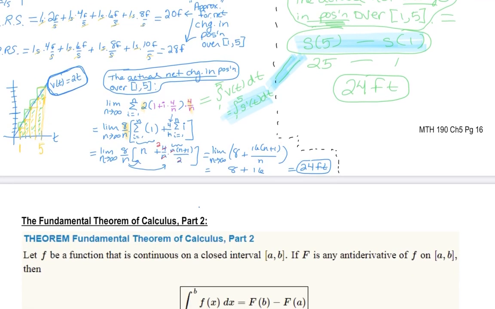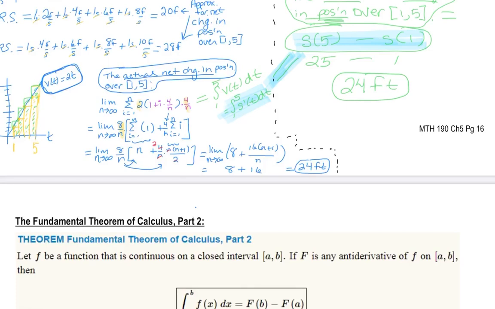So let's bring this down here and notice what I have in this specific example. From our above example, we were saying the integral from 1 to 5 of some function s prime was equal to its antiderivative s, evaluated between s of 5 minus s of 1.